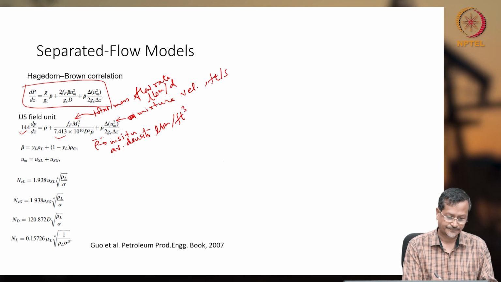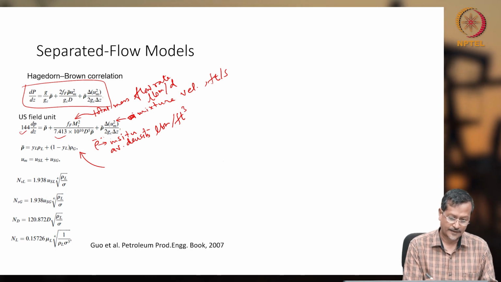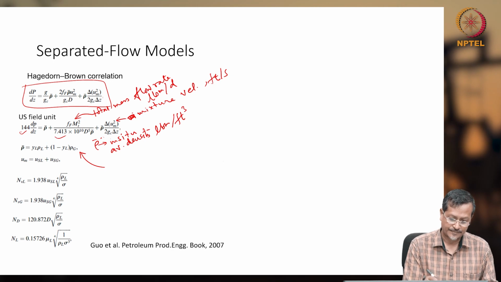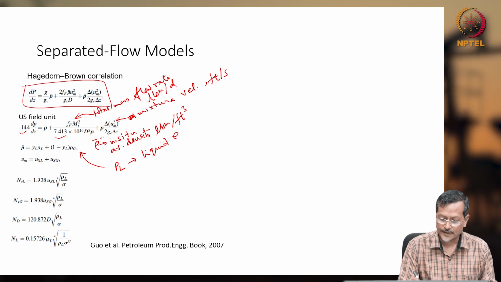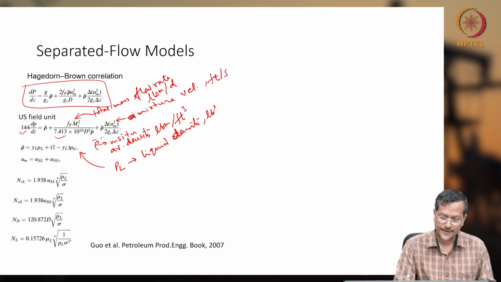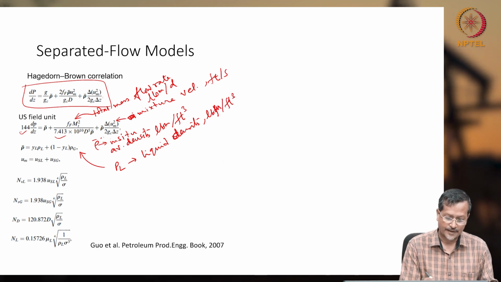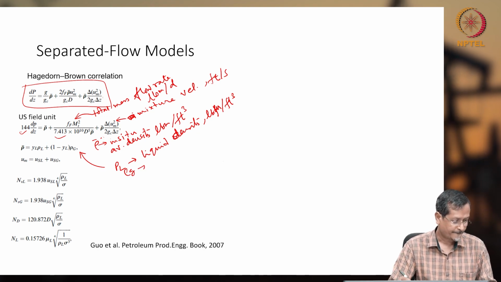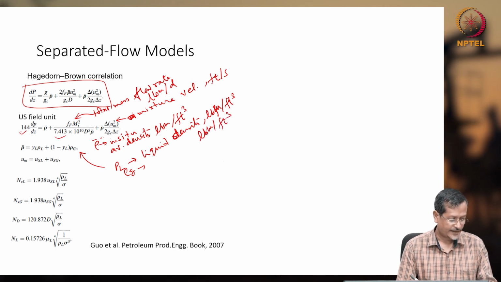Rho bar will come as yL rhoL, where rhoL is the liquid density, unit lbm per cubic feet, and rhoG is the gas density, lbm per cubic feet.